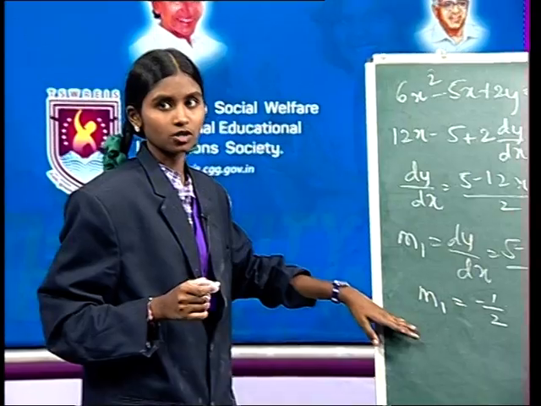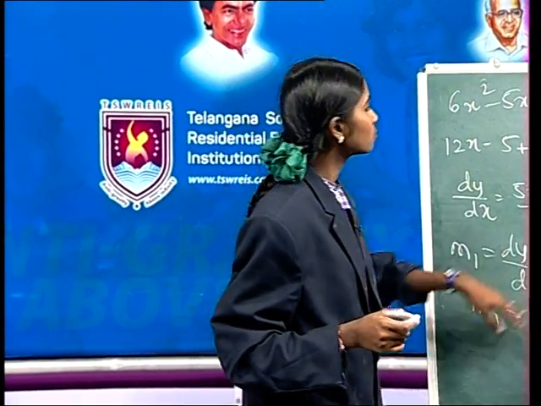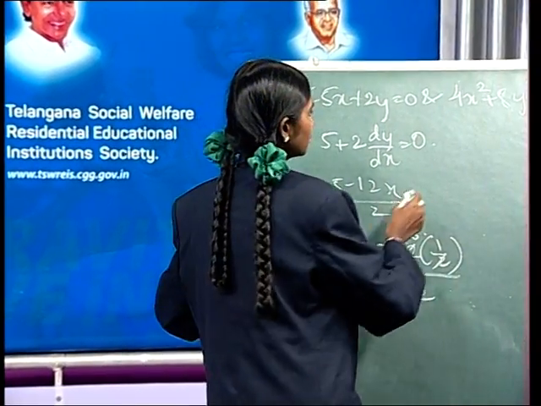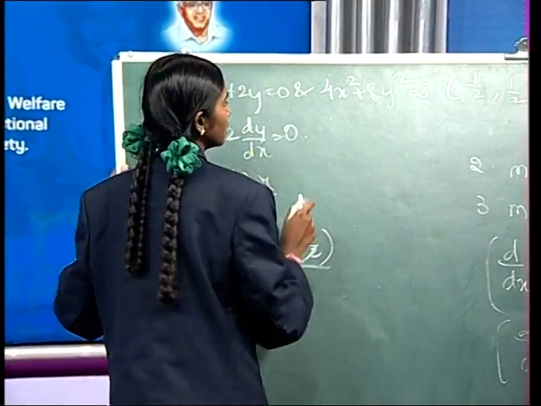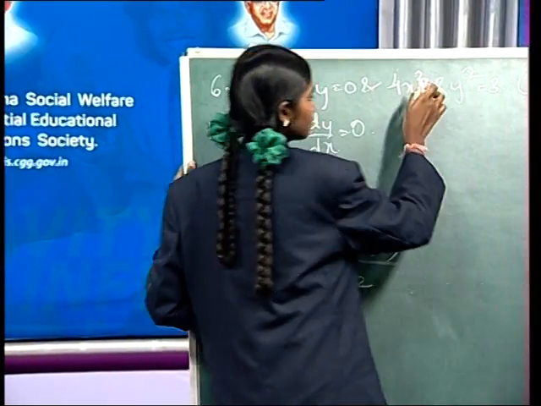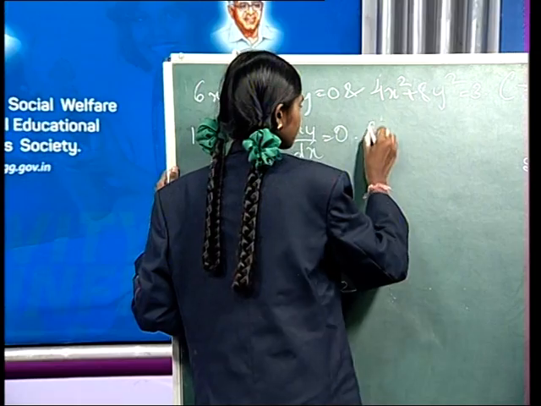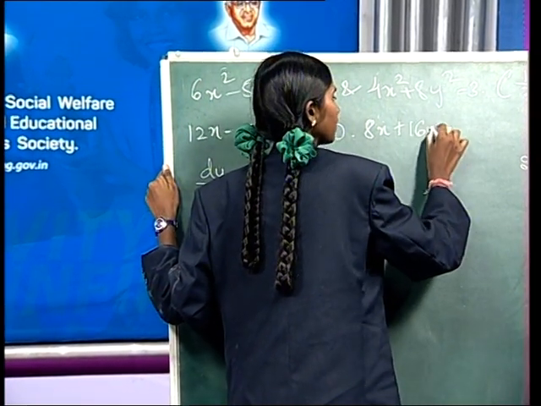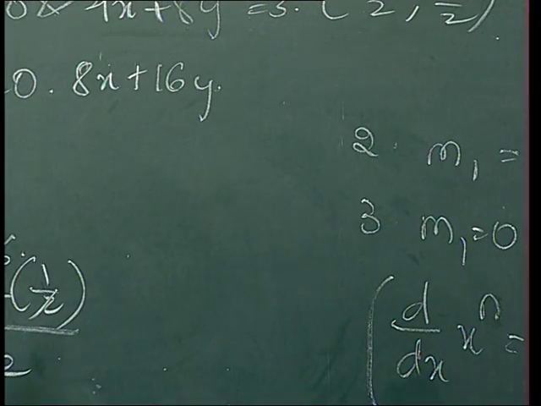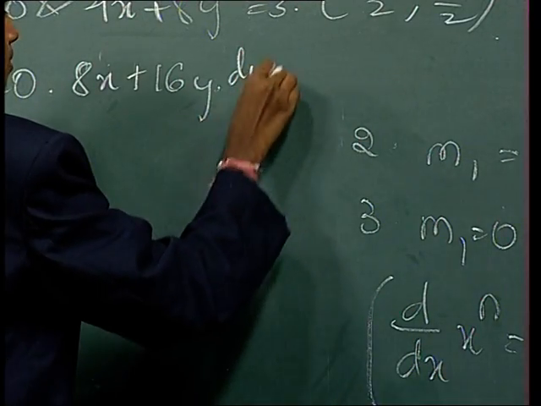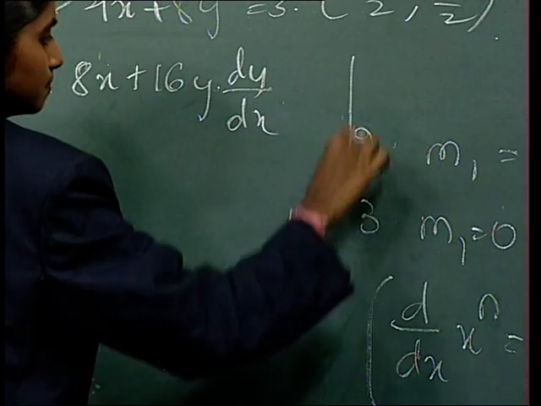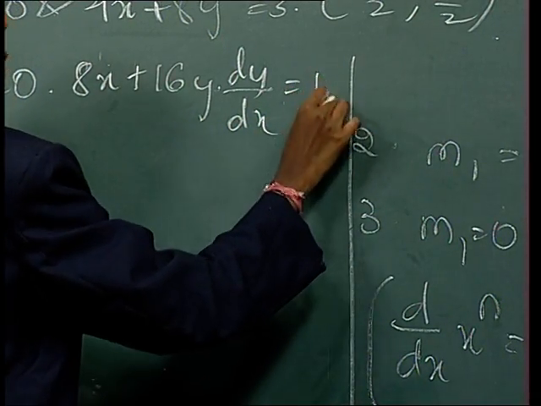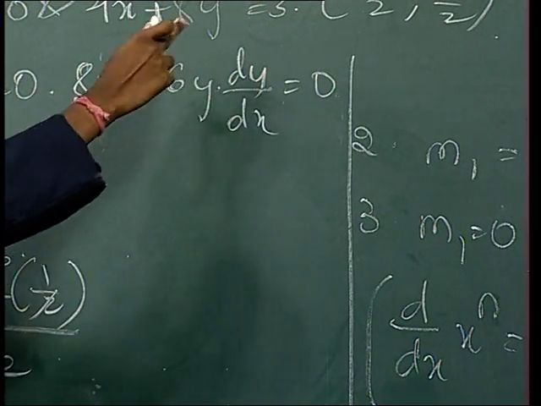So, we have got m1 and next we go to m2. For that we have to differentiate the second curve, that is 4x square becomes 8x, plus 8y square becomes 16y and again we have to write the y derivative, that is dy by dx, is equal to, and the constant derivative is 0.